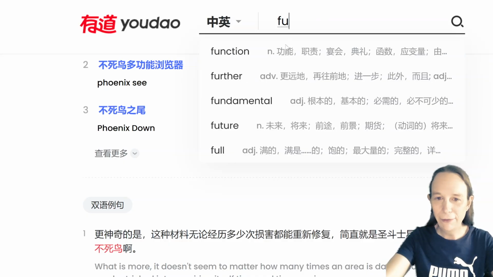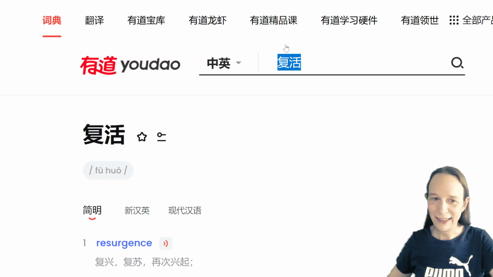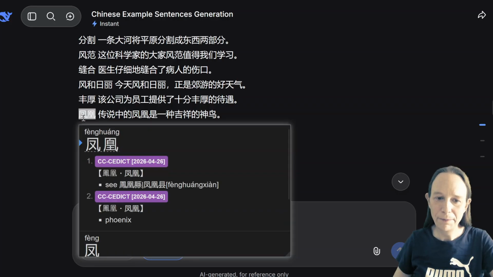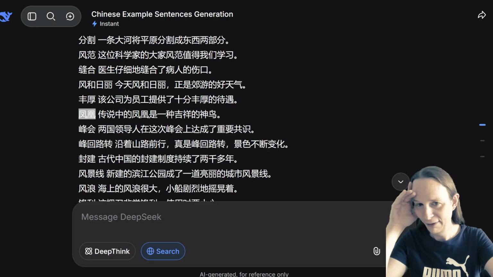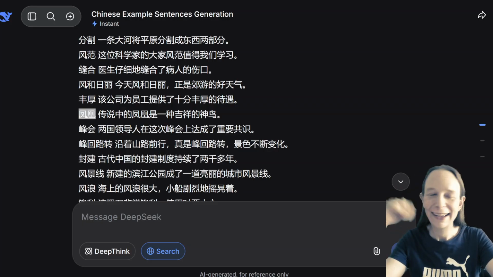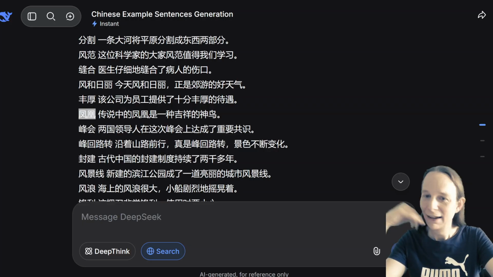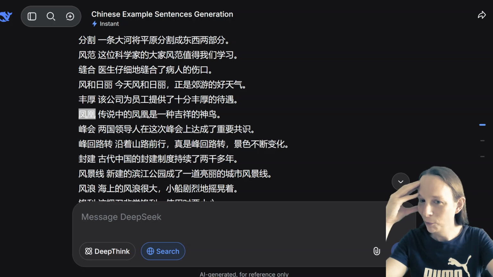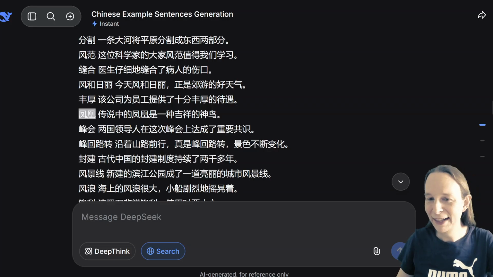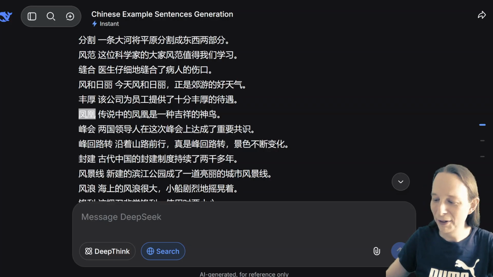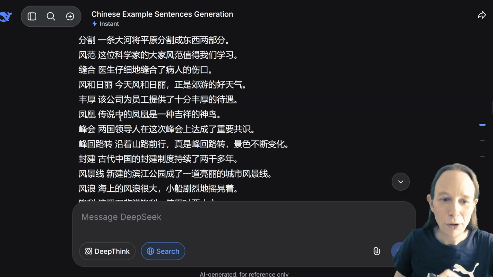When we studied 复活, we encountered phoenix, 凤凰. 凤凰 also represents royalty. It represents 皇后, not empress, but the emperor's wife, right? Maybe it also represents empress, but there was only one. 传说中的凤凰是一种吉祥的神鸟.